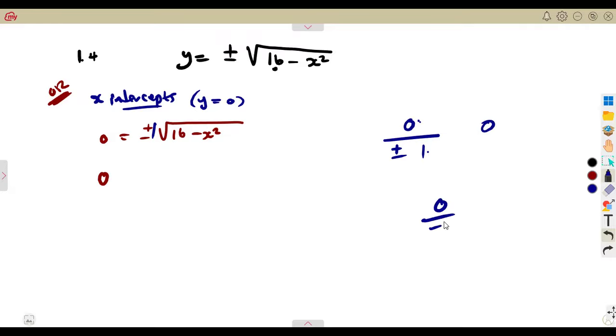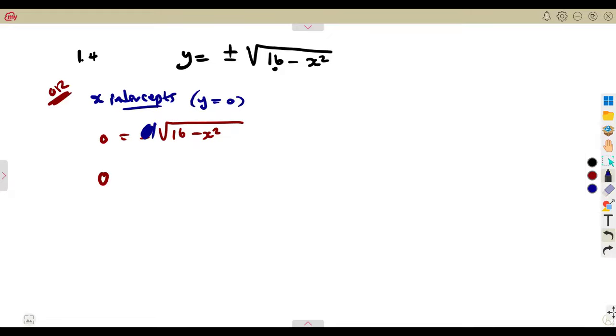As long as it's 0 divided by any number, the plus or minus there is no longer effective.